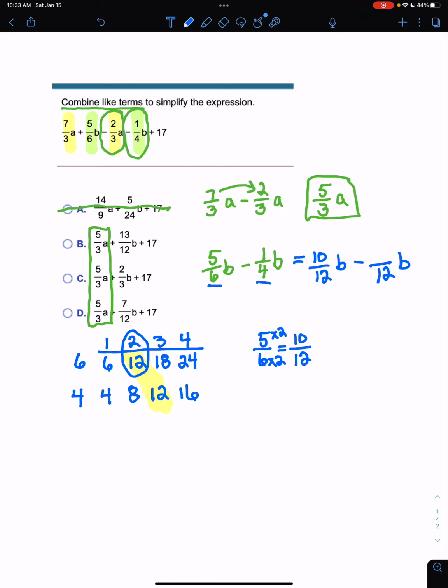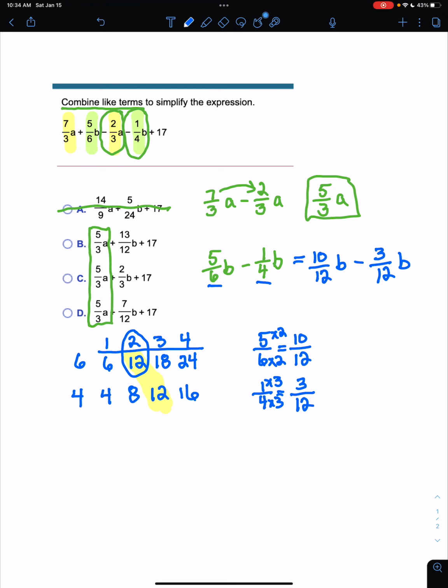We want to do the same thing for our fourths. So instead of 1/4, we want to have some number of twelfths. To get from 4 to 12, we multiply by 3. So we want to multiply the numerator by the same number, and so we end up with 3 twelfths.